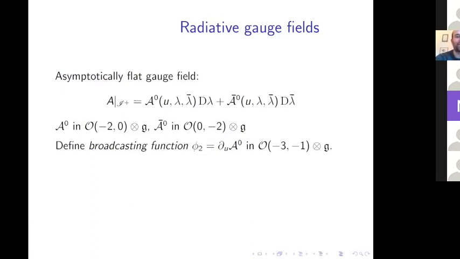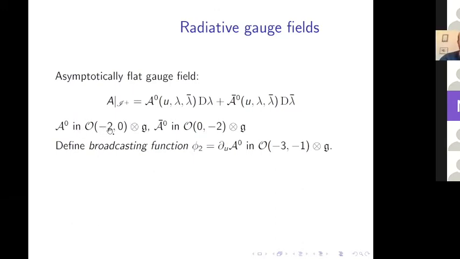So in 4 dimensions, an asymptotically flat gauge field in temporal gauge at scri, so in the conformally rescaled spacetime, looks like a sum of 2 terms, where there's a free Lie algebra valued function proportional to a holomorphic one-form on the S2 factor of scri and its complex conjugate. And this object, curly A naught, takes values in one of these line bundles.